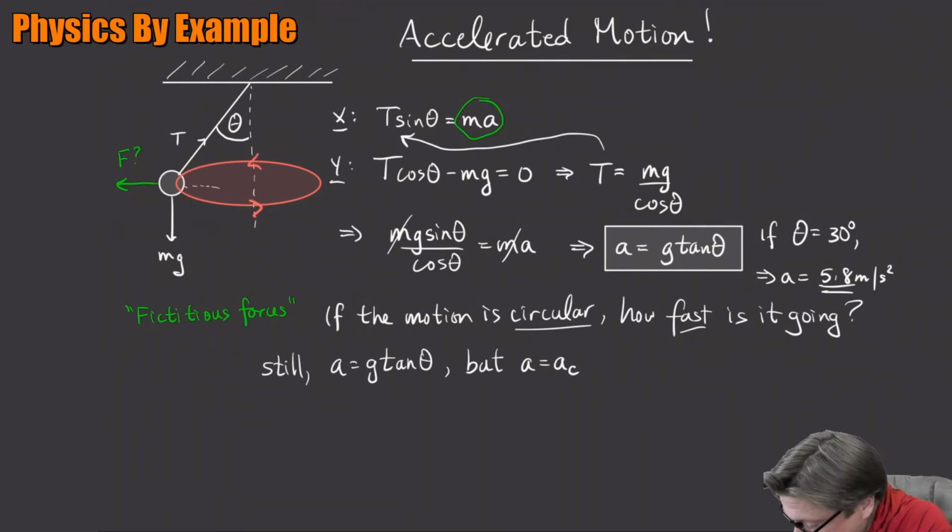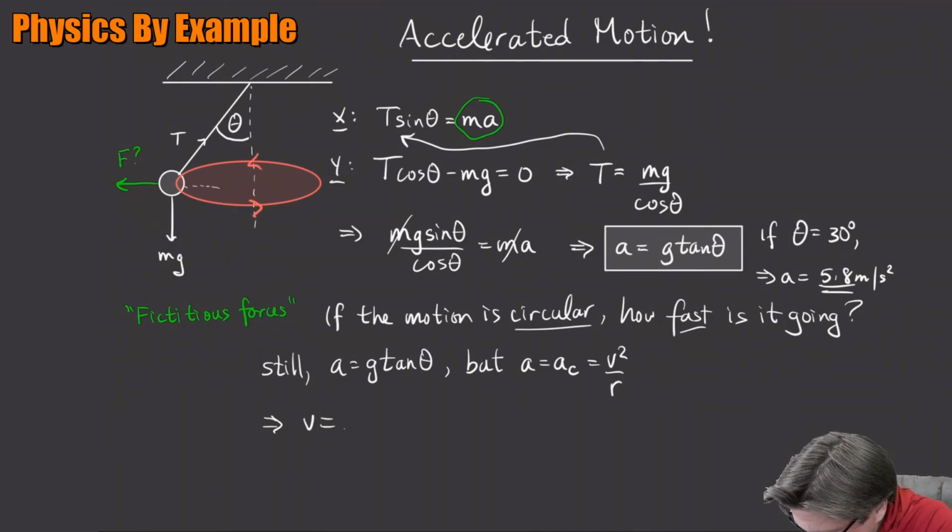And it's got a magnitude of v squared over r, right? That's how you tie acceleration in circular motion to a speed, v. Neat. So we can do that. This means if a is v squared over r, then v, just with a tiny bit of algebra, is the square root of r g tan theta.